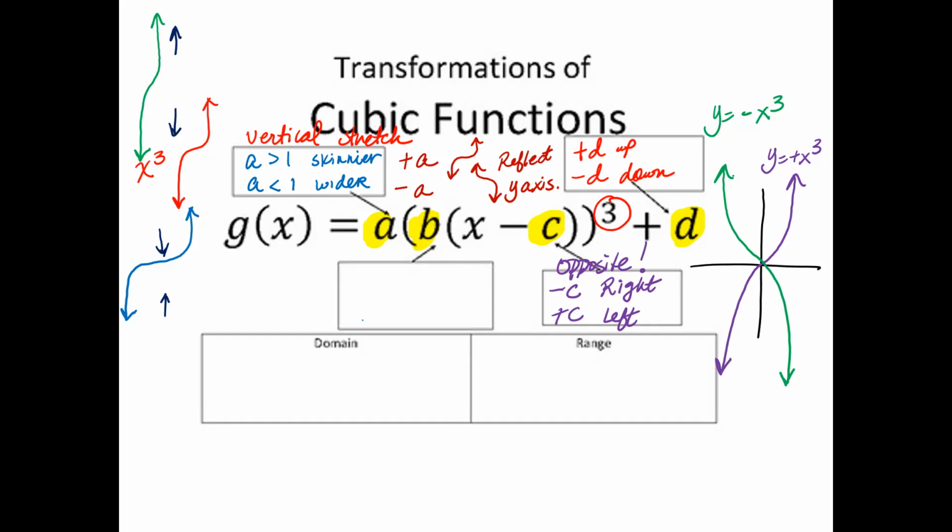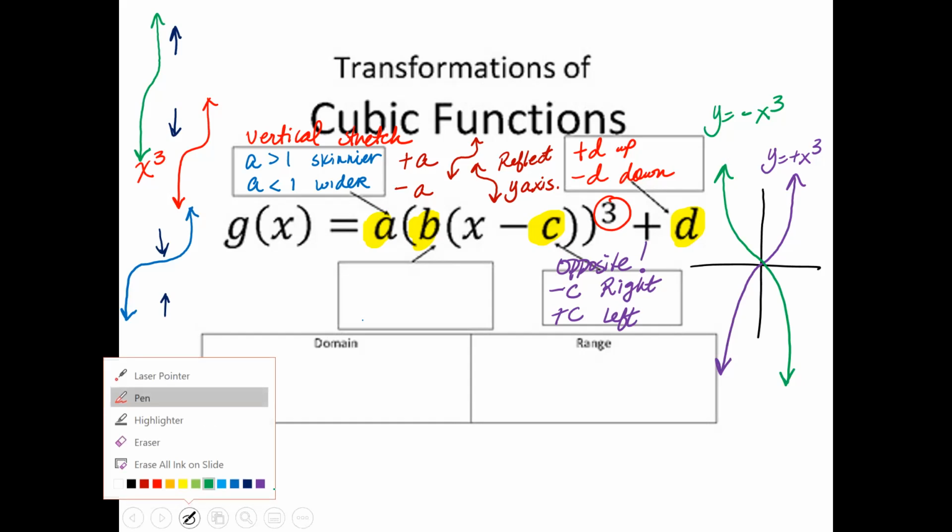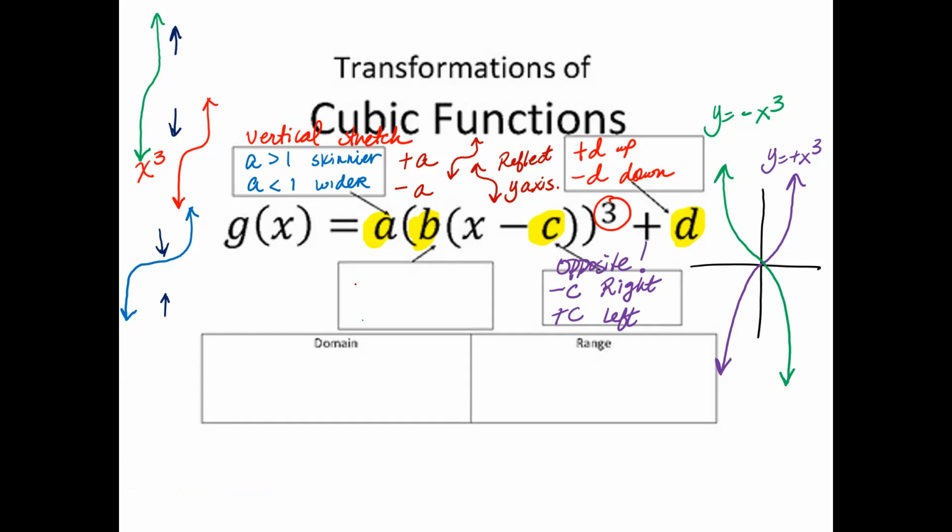All right, so then let's talk about B, which is literally your last one there. So for B, if B is bigger than 1, it is going to be a horizontal compression.